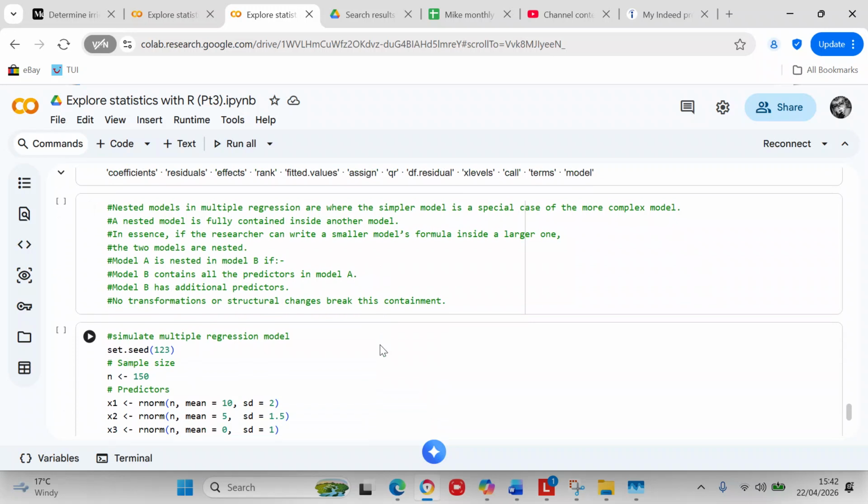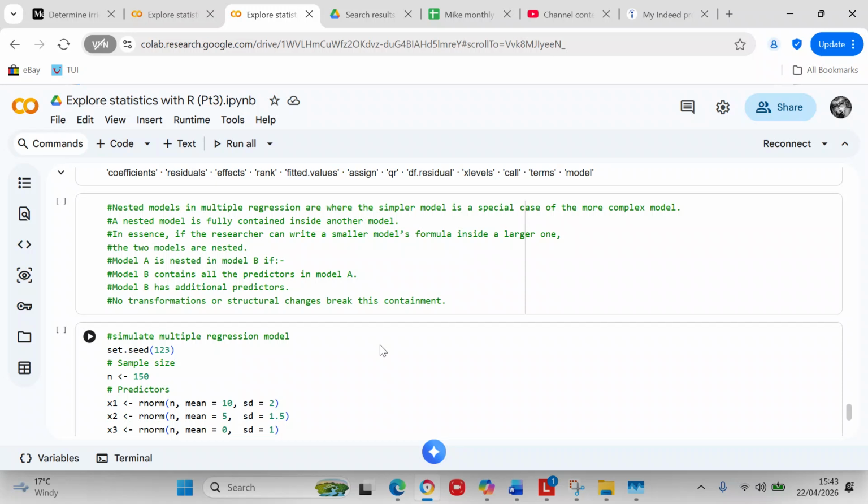Nested models in multiple regression are where the simpler model is a special case of the more complex model. A nested model is fully contained inside another model. In essence, if the researcher can write a smaller model's formula inside a larger one, the two models are nested.